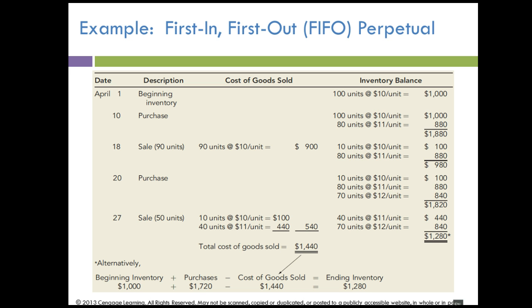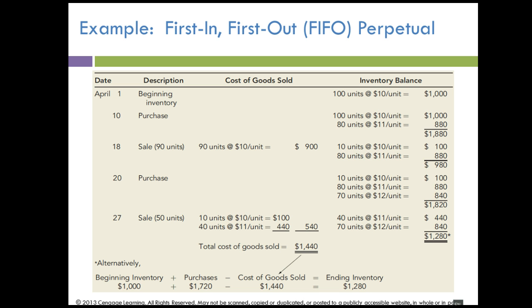So we see what we have left in our inventory on April 10th. We've got 10 units left at $10 a unit. We have 80 units left at $11 a unit. So then when we go and sell 90 units on April 18th, we're going to basically get rid of the rest of our inventory.